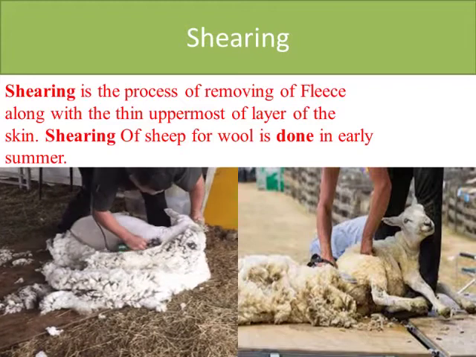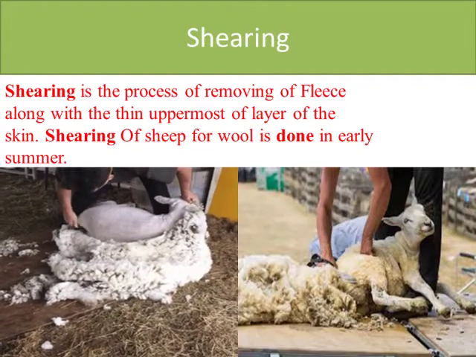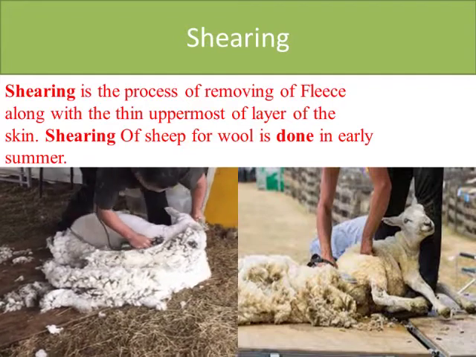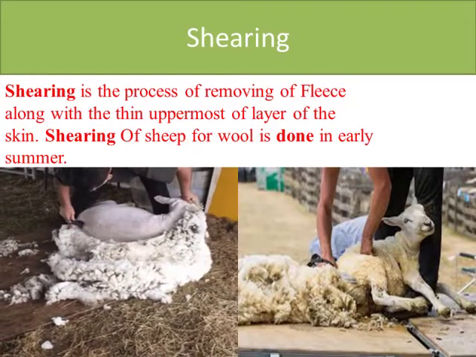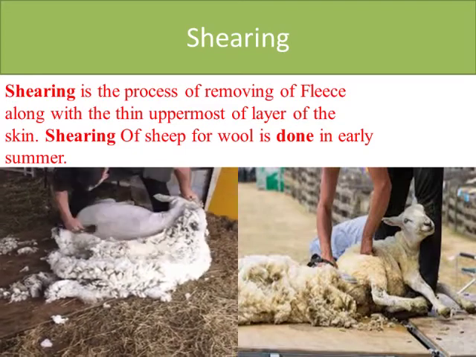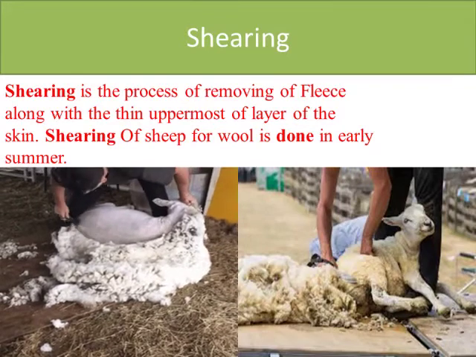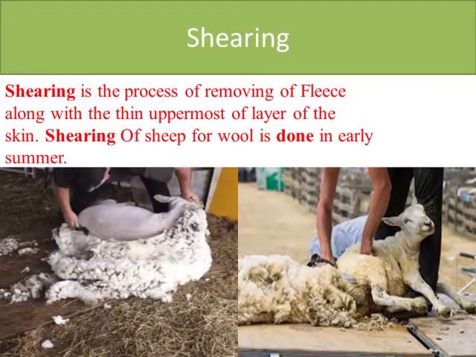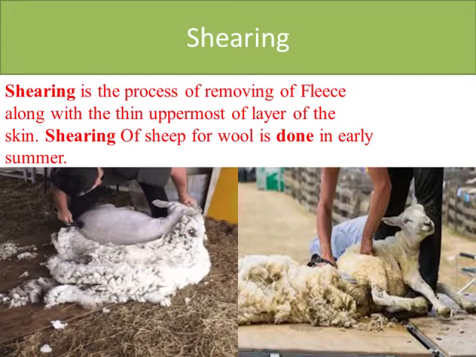The process of removing the fleece of the sheep from its body with the help of machines or using large razors is called shearing. And shearing does not hurt the sheep. This is because the uppermost layer of the sheep's skin is dead.